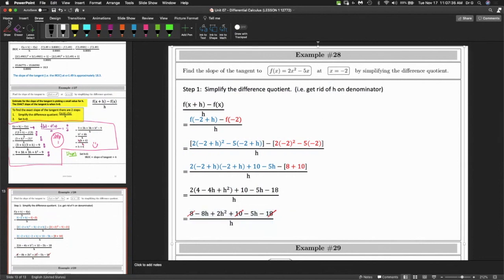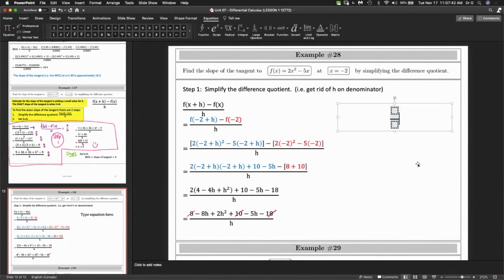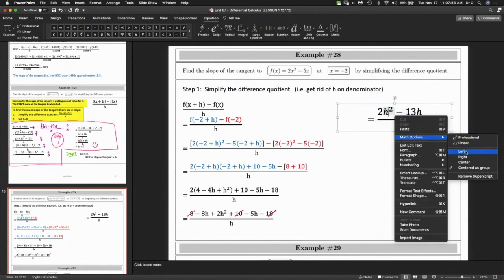So now we can proceed to simplify here. So we end up with, on the top, 2h squared minus 13h over h. Can someone confirm they agree with what I have?